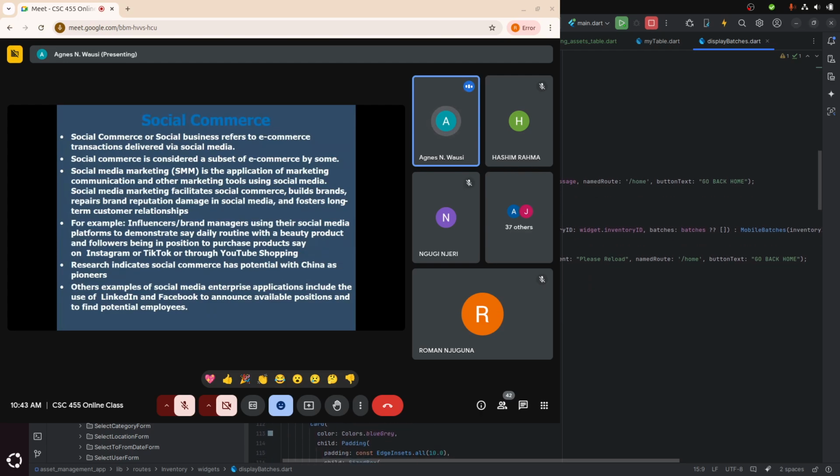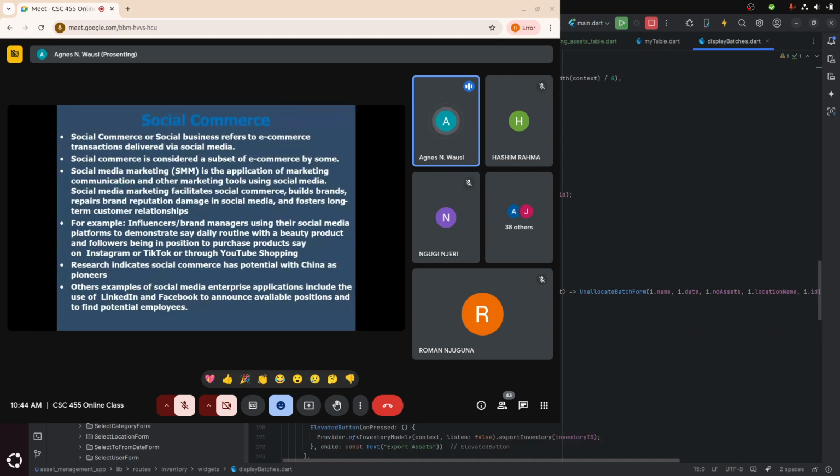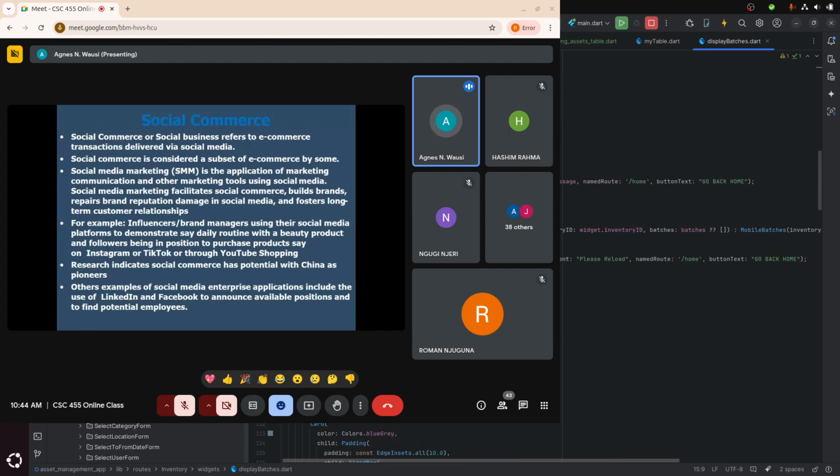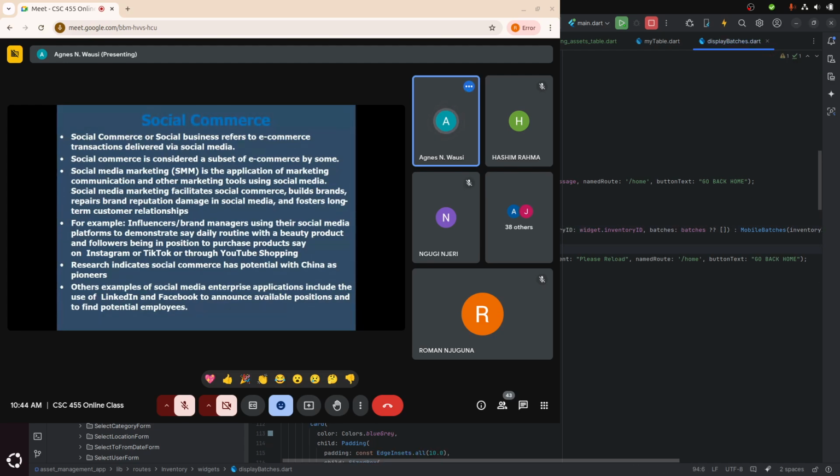And in even these big organizations, within the marketing department, there are people who are employed, and all they do is manage the social media handles and the brand's image, facilitating even customer relationships, sometimes extending to how fast the organization is able to respond to queries from customers using the social media handles.